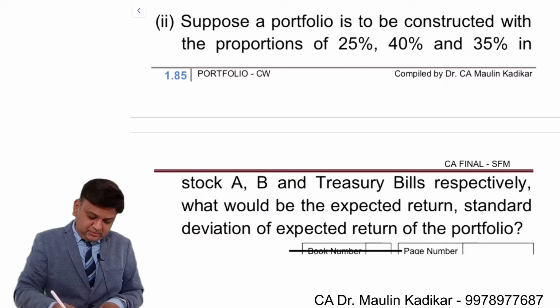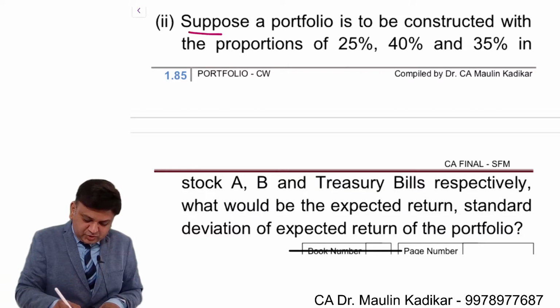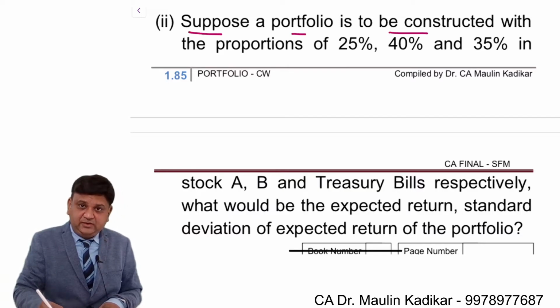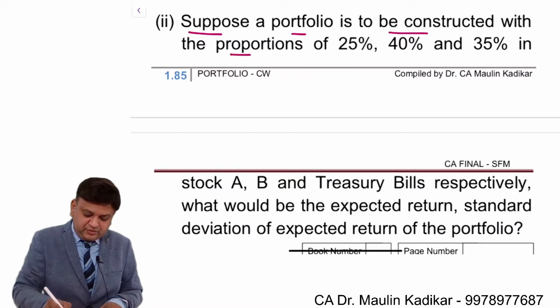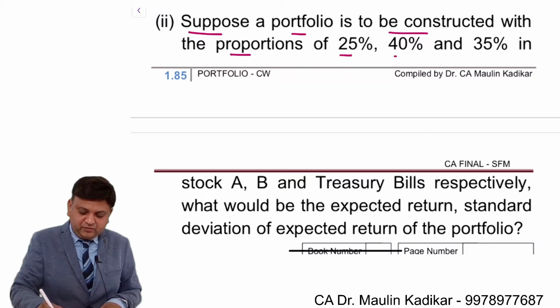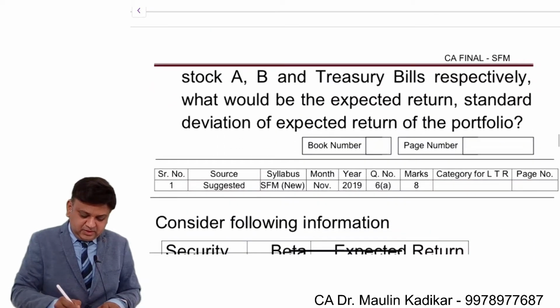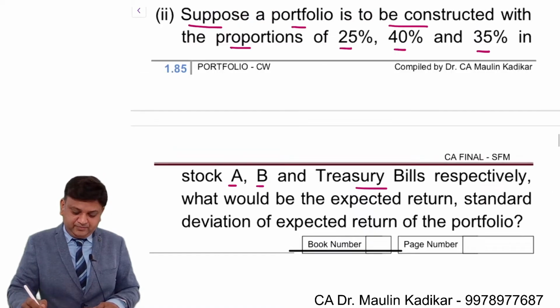Second part of the question. Suppose a portfolio is to be constructed, means a portfolio is required to be formed with proportions of 25, 40 and 35% in stock A, B and treasury bill respectively.